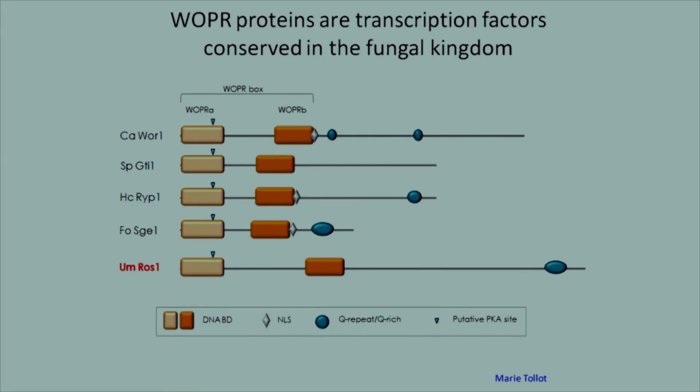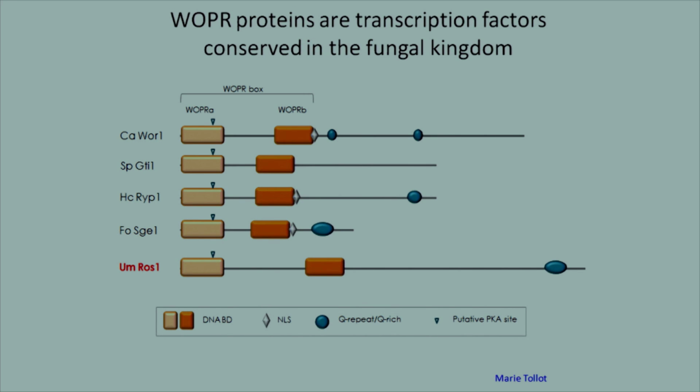So a while ago, we were intrigued by work from the Martijn Rep lab in Amsterdam on Fusarium, where they identified a WOPR box protein, SGE1, as a regulator for several of the effectors in this fungus.